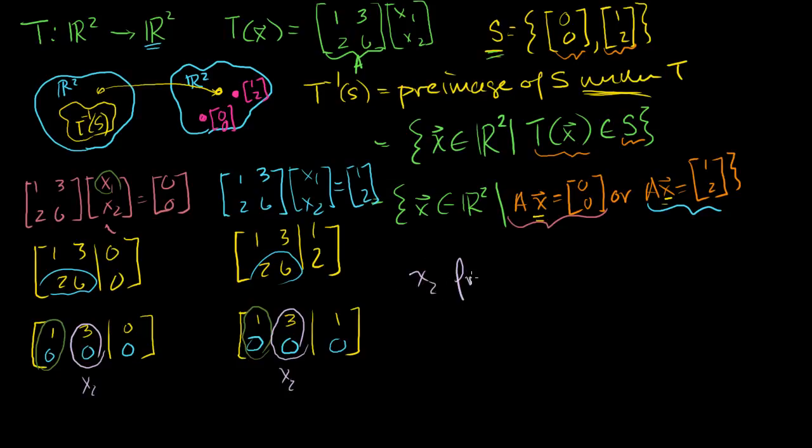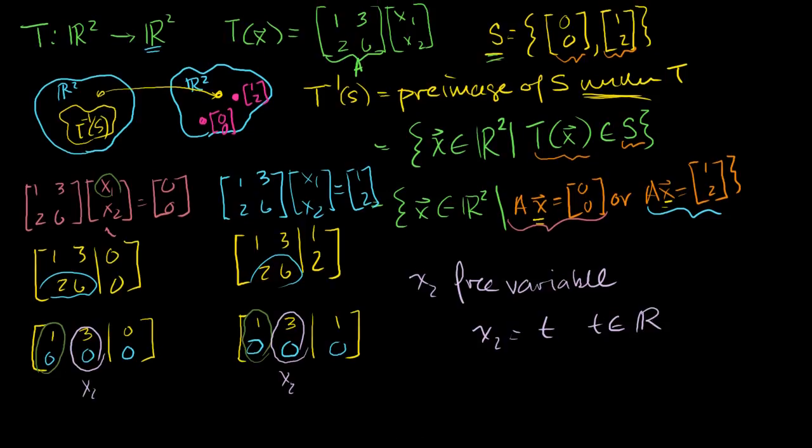x2 is a free variable, which essentially means we can set x2 to be anything. So let's just set x2 equal to t, where t is a member of the reals. In this case, what is x1 going to be equal to?